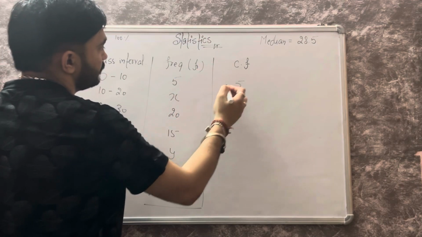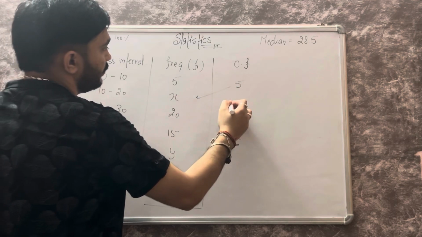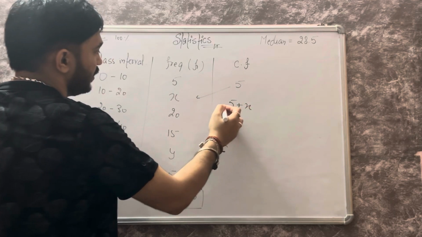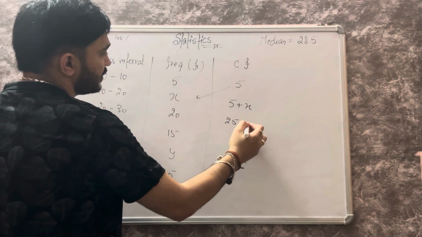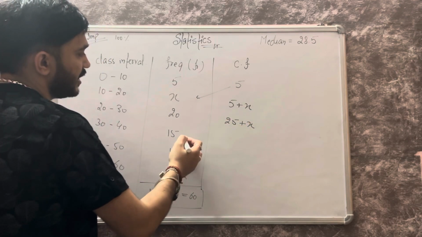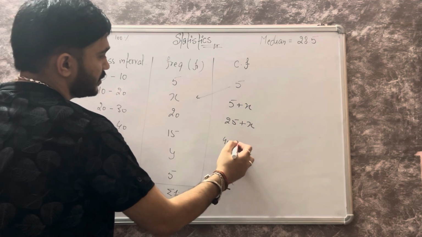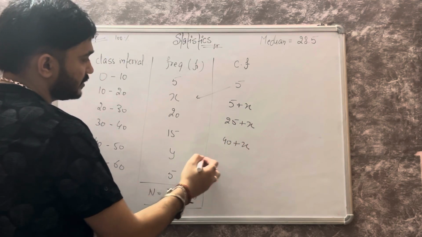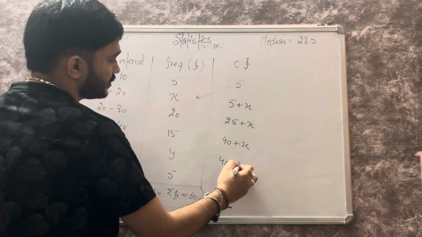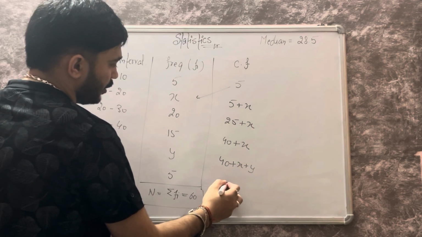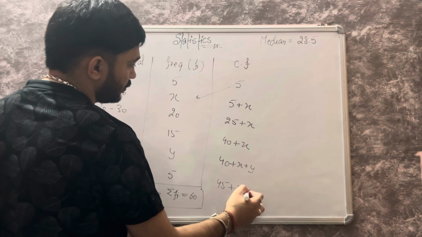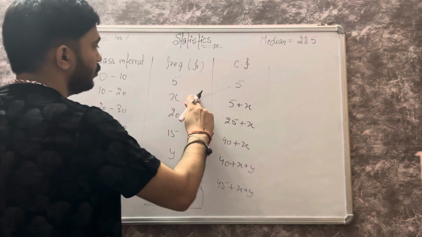Firstly 5, then 5 plus x, then 5 plus x plus 20 will be 25 plus x, and 25 plus x plus 15 will be 40 plus x. 40 plus x plus y will be 40 plus x plus y, and then 45 plus x plus y. This is going to be our cumulative frequency.